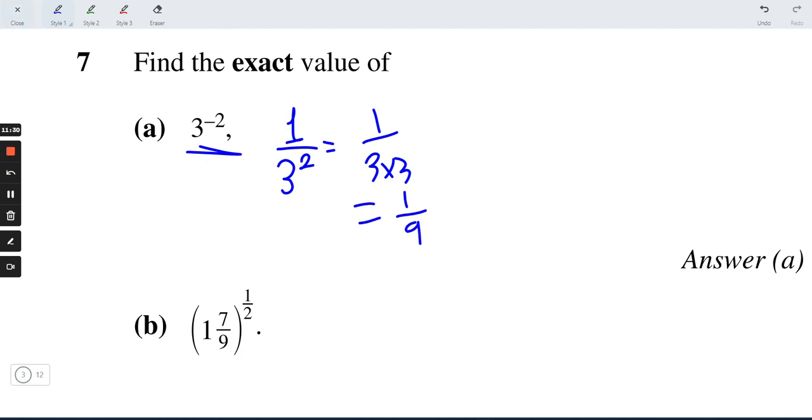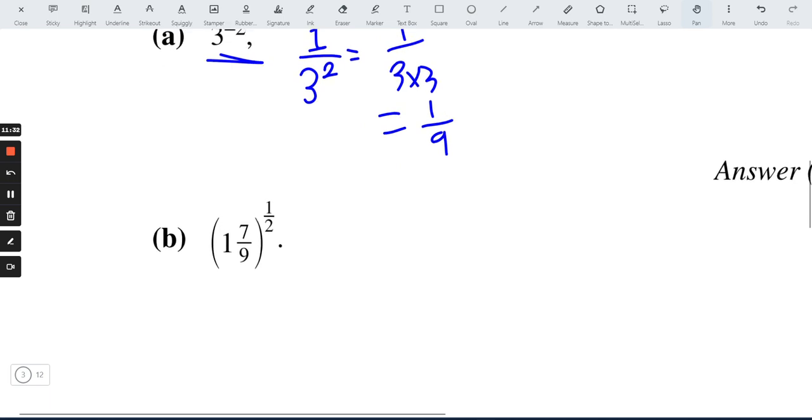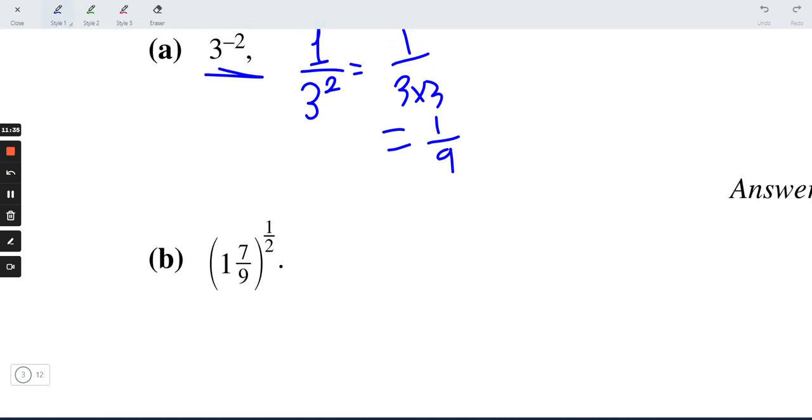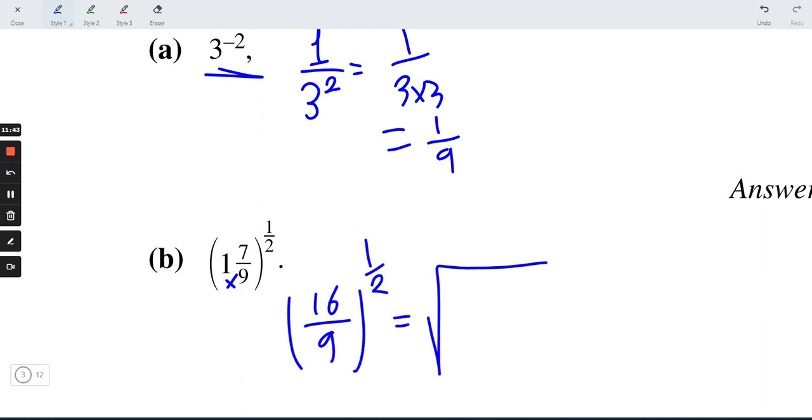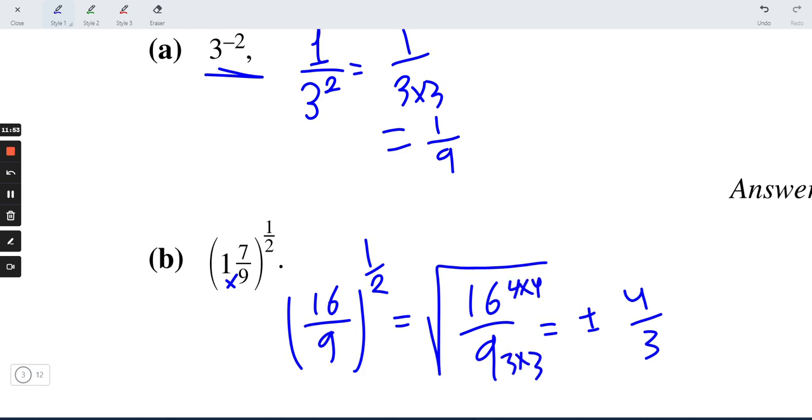Here we should change a mixed number to be an improper fraction. 9 times 1 is 9 plus 7 is 16, so 16 over 9 to the power of half, which is equal to the square root of 16 over 9, which is plus minus 4 over 3, because 16 is 4 times 4, and 9 is 3 times 3, take 1 from 4 and take 1 from 3, we'll get the answer 4 over 3, plus minus 4.